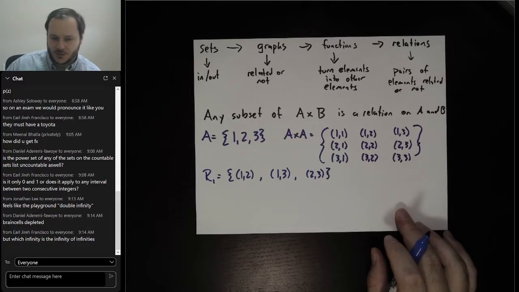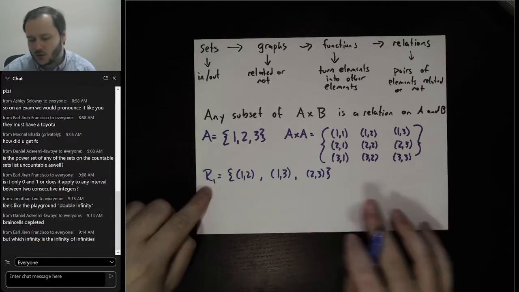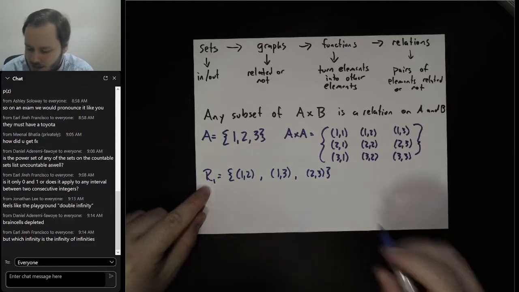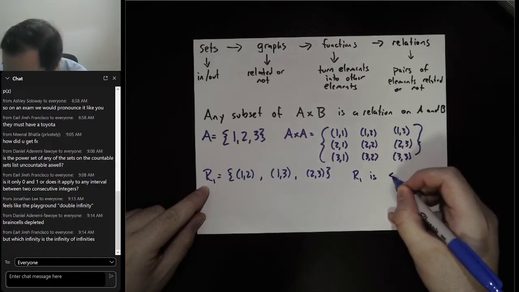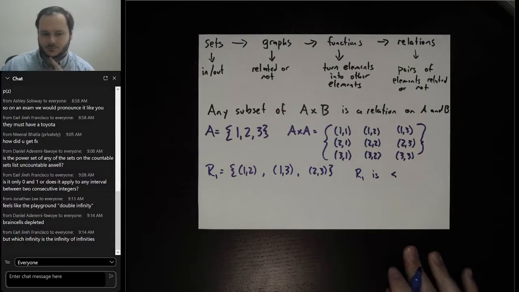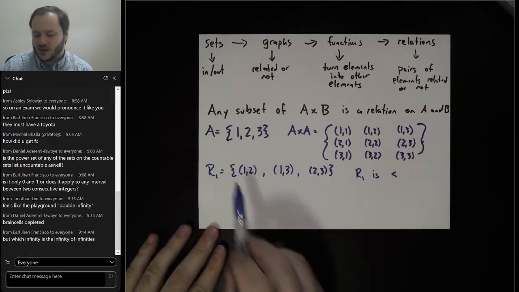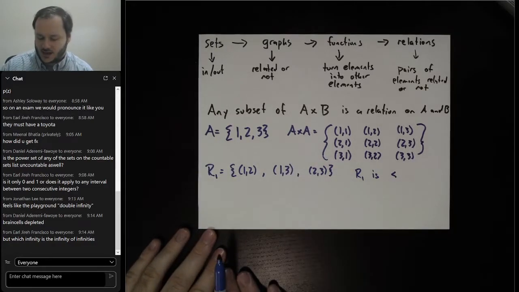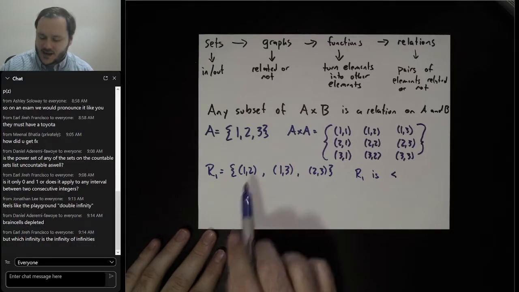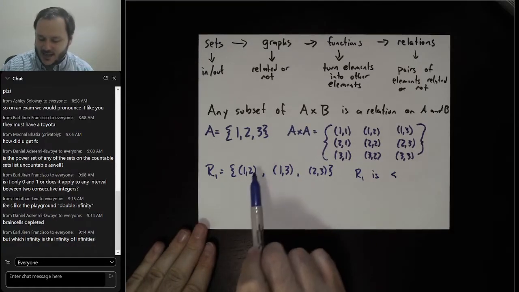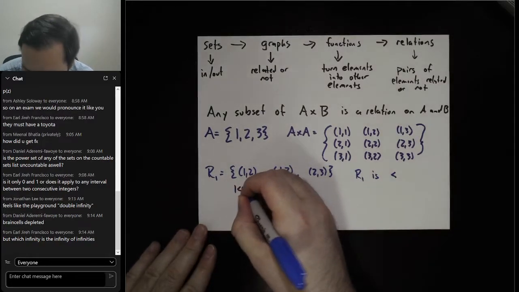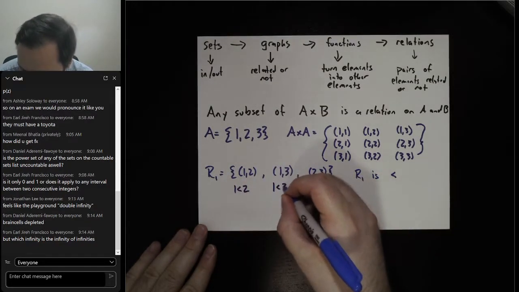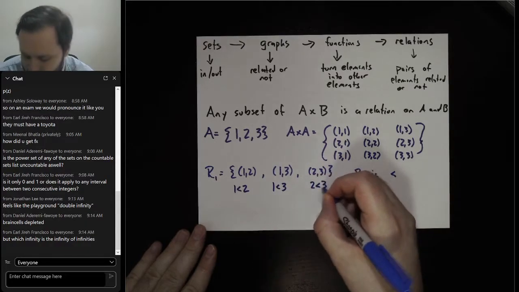Why did I pick this relation? R1 is less than. It's the less than symbol on this set A cross A. It's the set of things where the first thing is less than the second thing. 1 is less than 2, 1 is less than 3, 2 is less than 3.